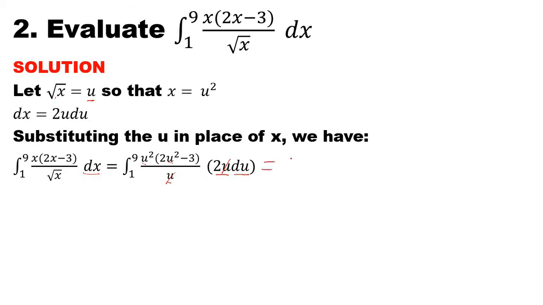So I will now have 2u squared times (2u squared minus 3) du. This is the same as having 4u raised to the power 4 minus 6u squared du.